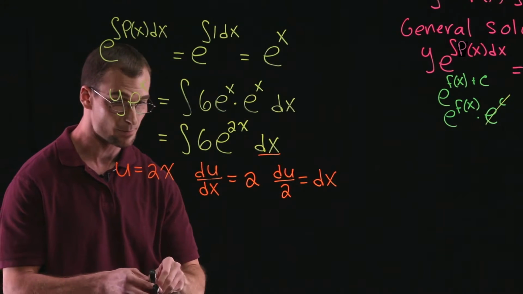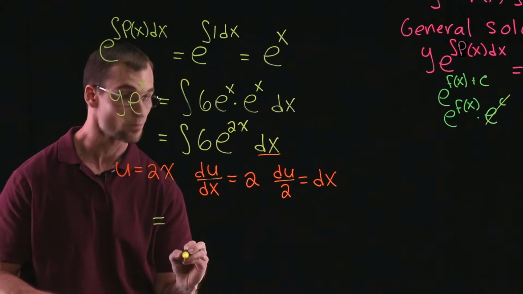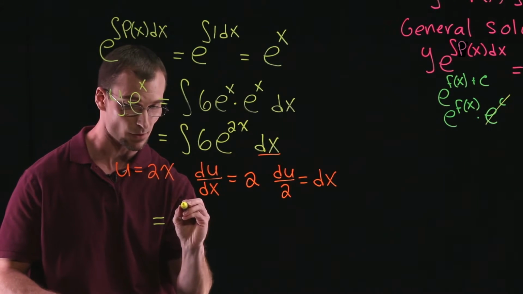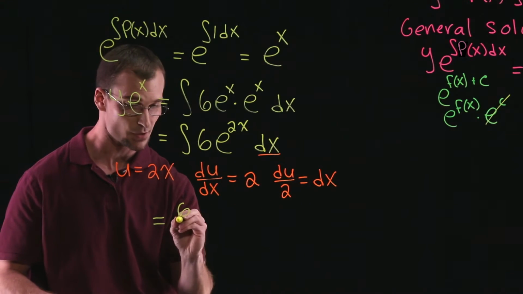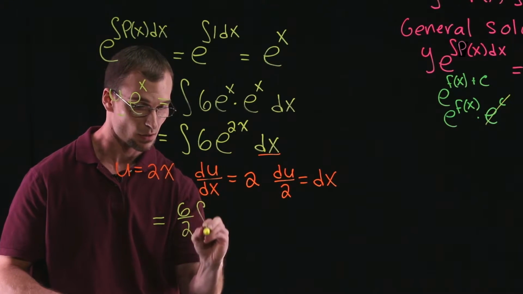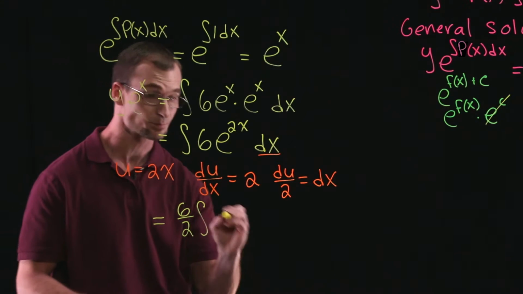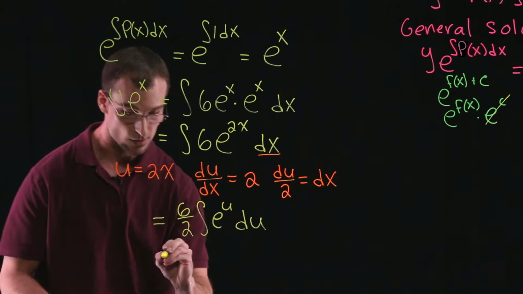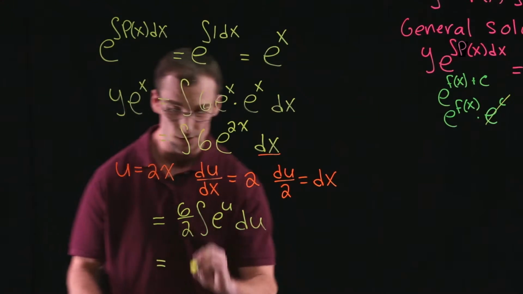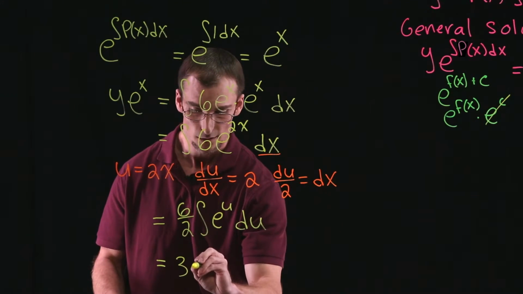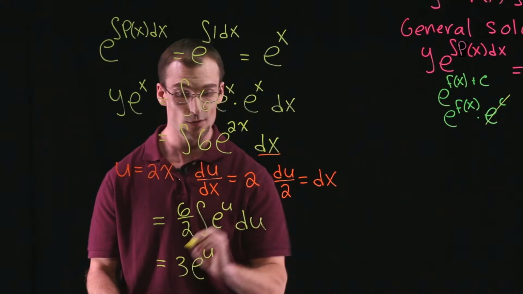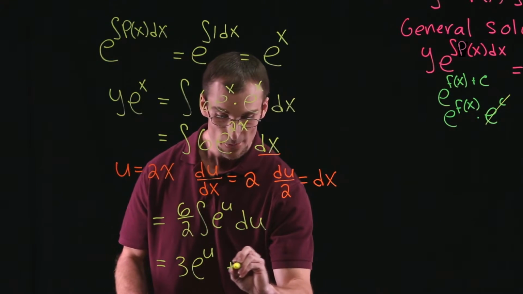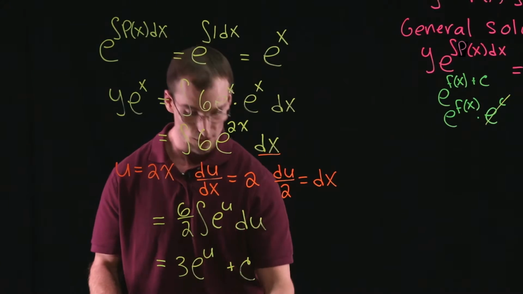And so putting this back in, bringing the constant 6 out in front, and divided by 2, we have 6 over 2 times the integral of e to the u du, which is equal to 6 divided by 2 is 3. Antiderivative of e to the u is just e to the u, plus our general integration constant c.